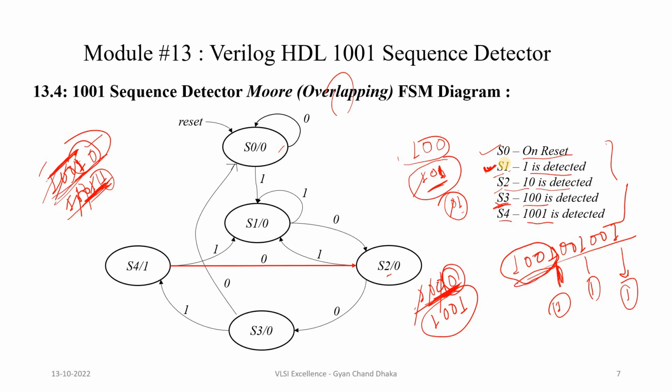So guys, this is the difference, and this is how we can write the state diagram for overlapping and non-overlapping Moore type FSMs. Now if you see here, the Verilog code is going to be similar to what we discussed for the non-overlapping case, but the difference is when we are in S4 state, if the next bit is 0, we are going into S2 state, and otherwise if the next bit is 1, we are going into S1 state.